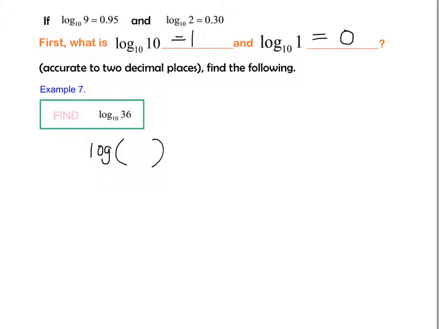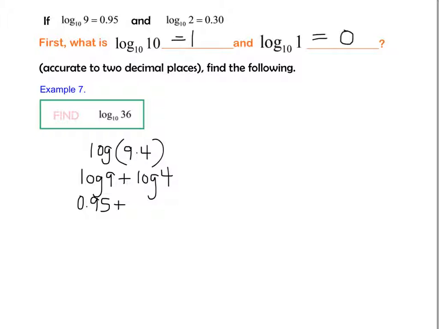We know it's base 10 if it's not written. So I'm going to rewrite that as 9 times 4. Now using our laws of logs, that's the same as log of 9 plus log of 4. Now log of 9, great, we're where we need to be because we know that that's 0.95.